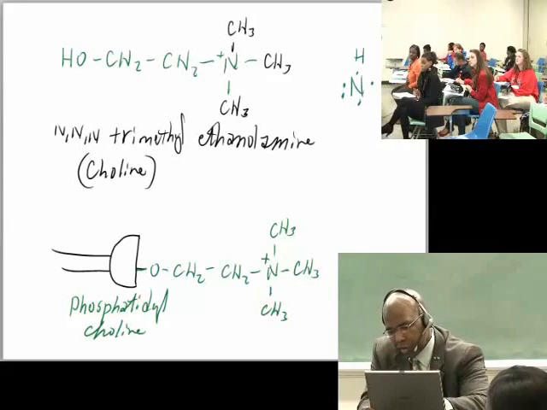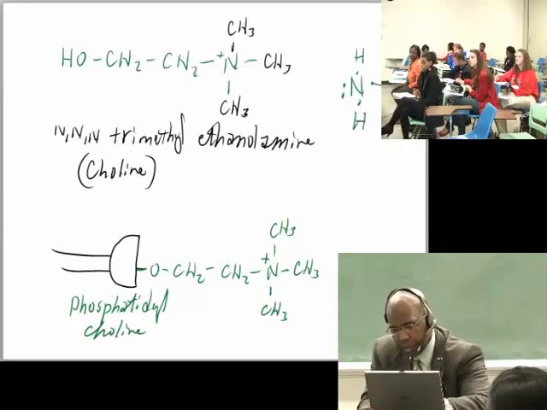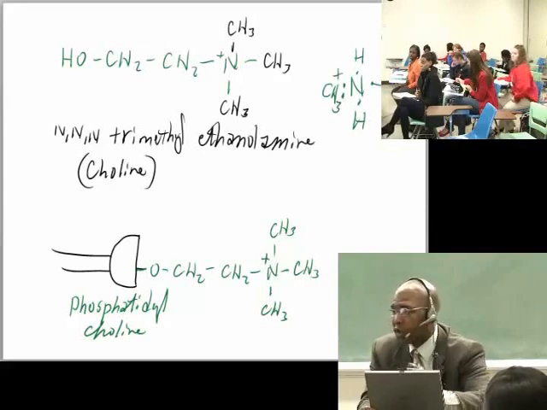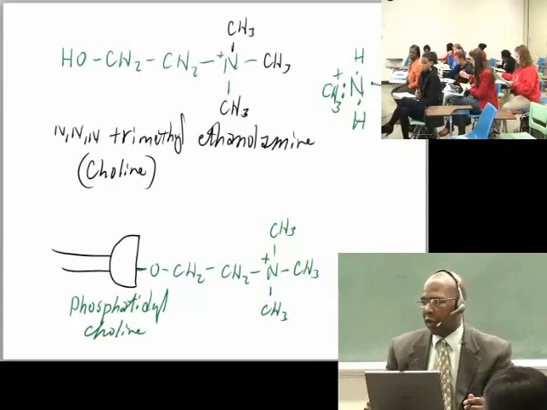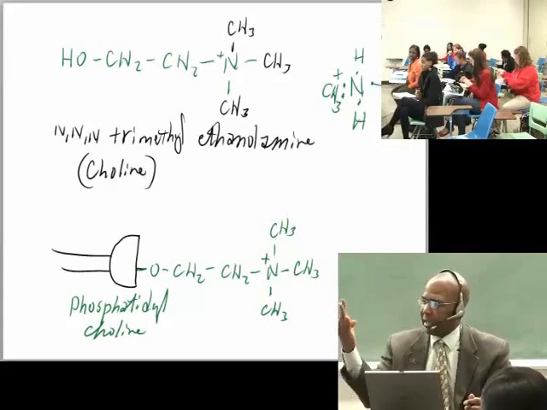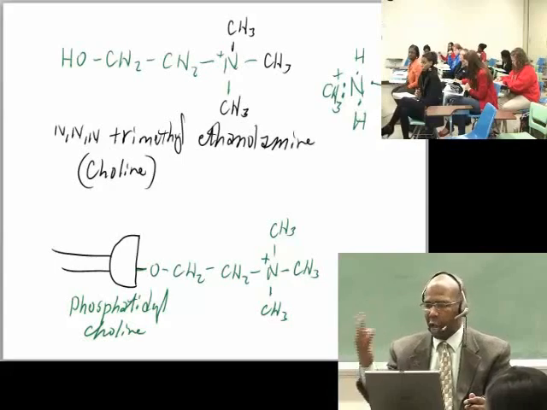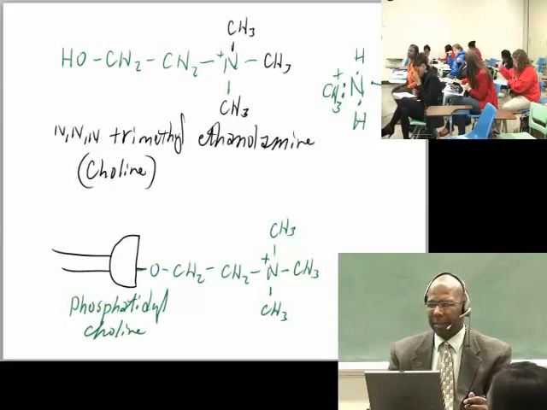If it's already attached to the R group here, that's normal. Now if you add something else here, like CH3, it brings its protons along with it. And so that gives it a plus charge. Whenever nitrogen is attached to 4 things, it has a plus charge, because it only has a valence of 3. Well, it has a valence of 5, it only has 3 lone electrons. Kind of makes sense?